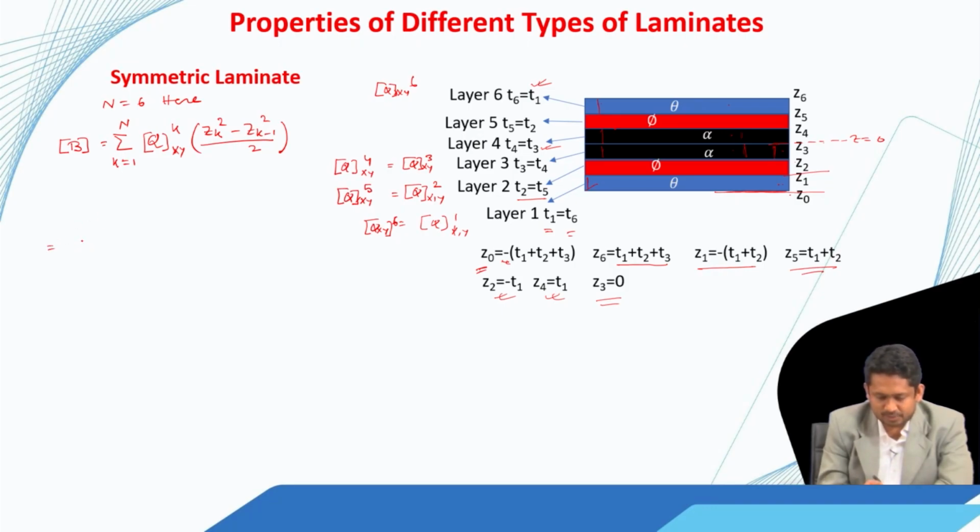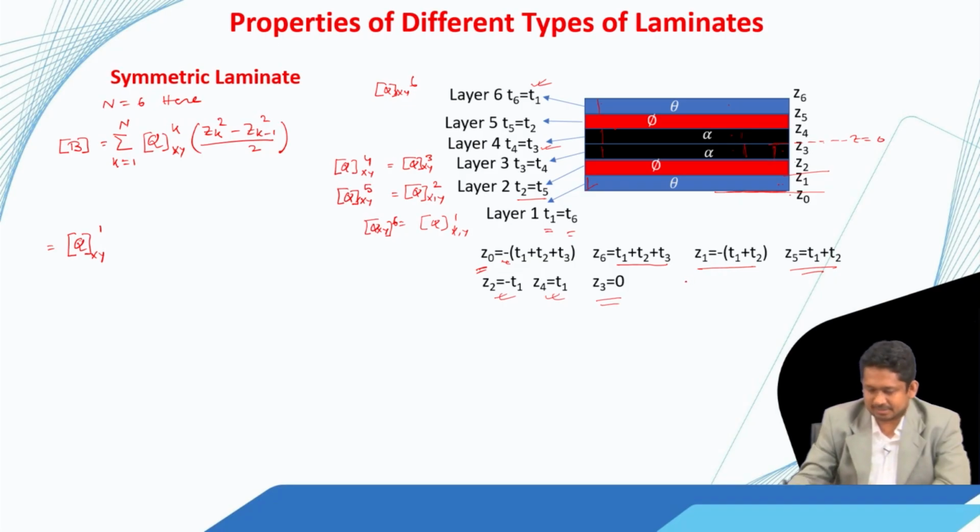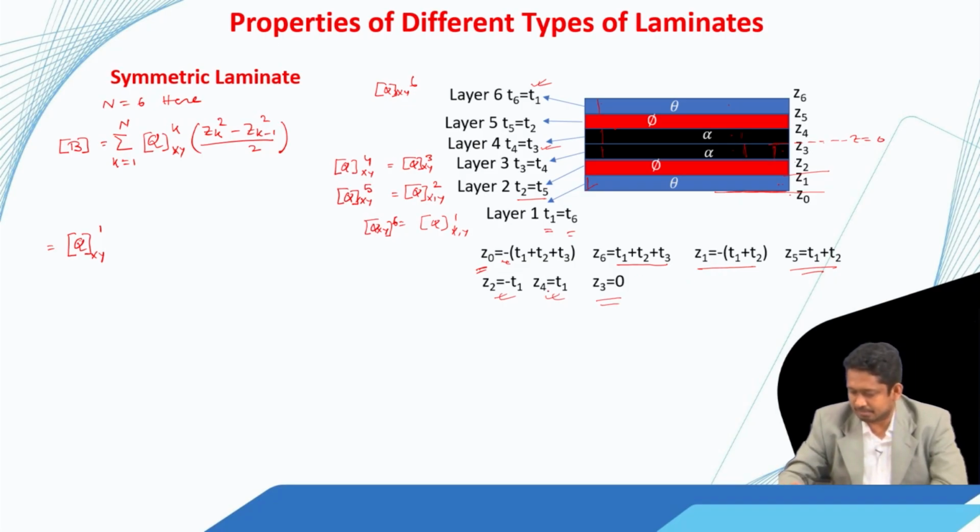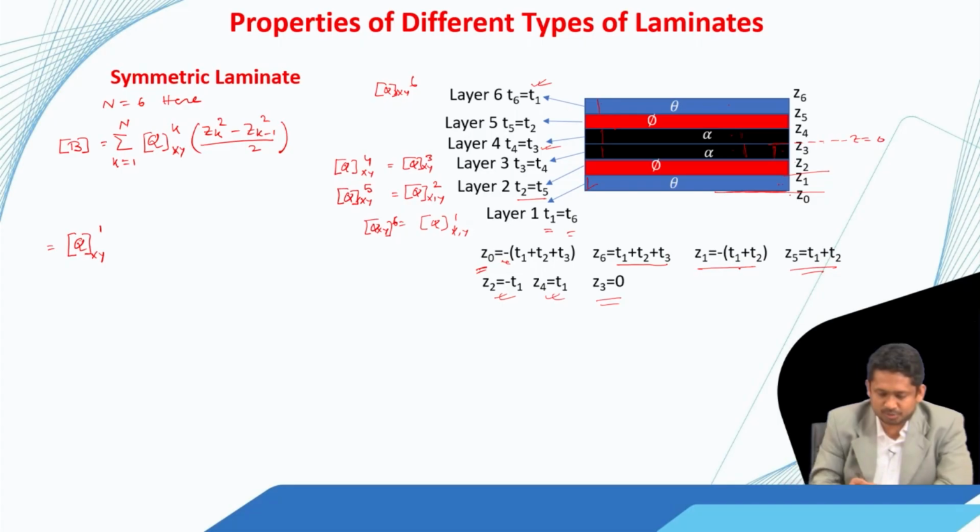So, for the first layer we have Q x y 1, and then Z k is minus of T 1 plus T 2 and Z k minus 1, which is Z 0, is minus of T 1 plus T 2 plus T 3. Now, when we square them, the minus sign does not exist.